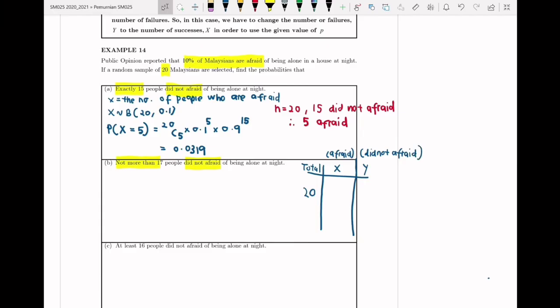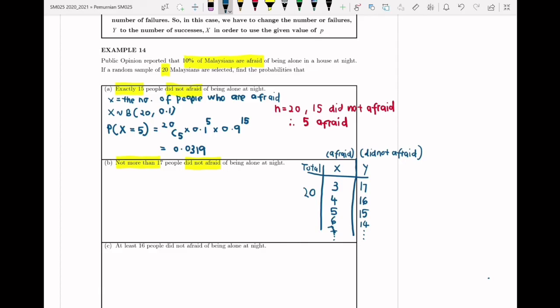If we have not more than 17, that means the maximum number is 17, which means 17, 16, 15, 14, and so on. So from the total of 20 people, if you have not more than 17 who are not afraid, that means we have 3 or more people who are afraid: 3, 4, 5, 6, 7, and so on.